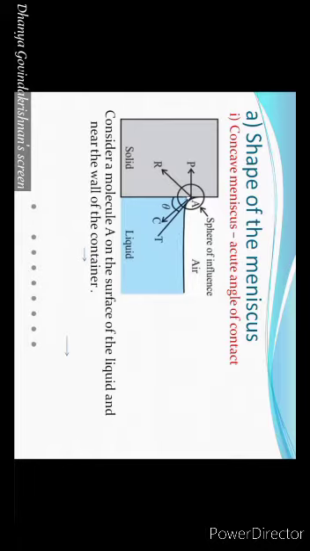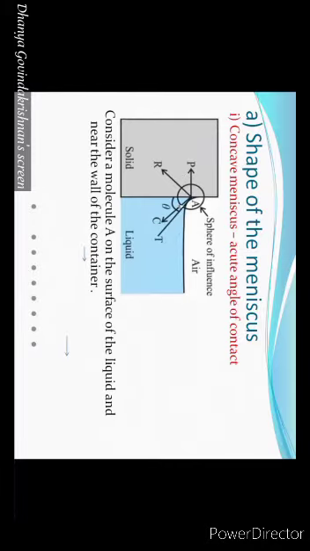So, now this molecule will have two types of forces. One is the adhesive force between the solid and liquid molecule, represented by vector AP. This vector AP acts horizontally inside the solid.